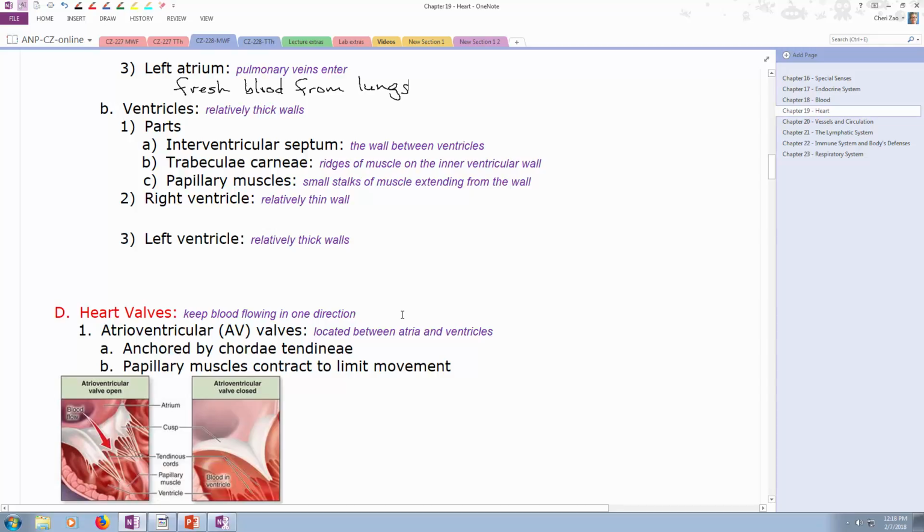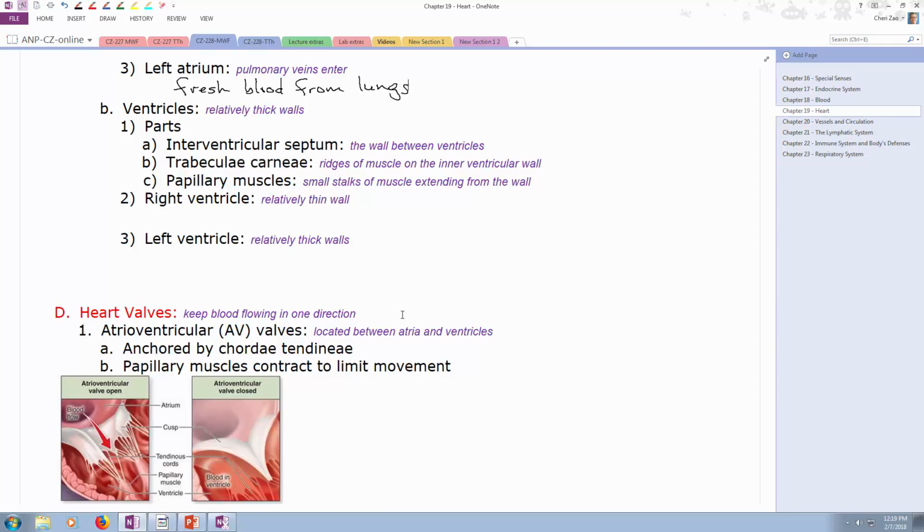Our notes say here, relatively thick walls. Absolutely. When you compare them to the atria, the walls of the ventricles are incredibly thick, both right and left. However, one is significantly thicker than the other, and that's the left ventricle.